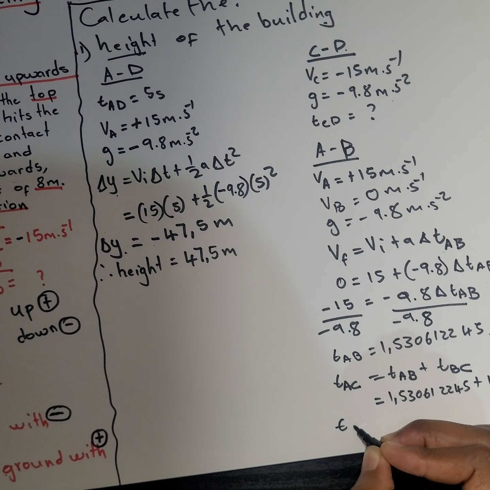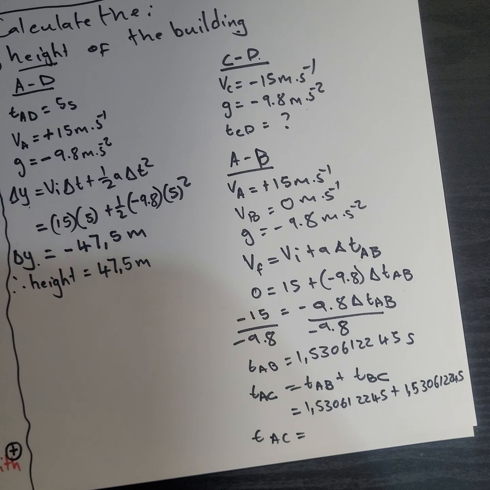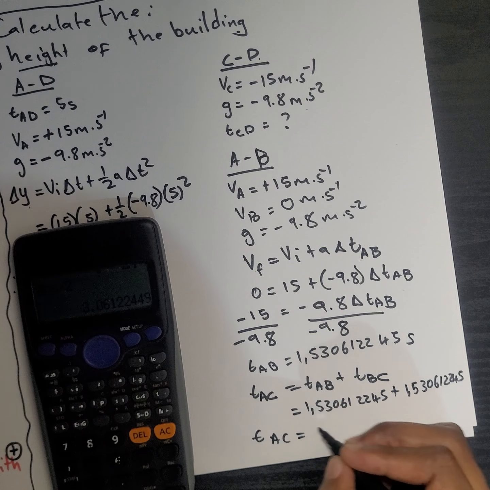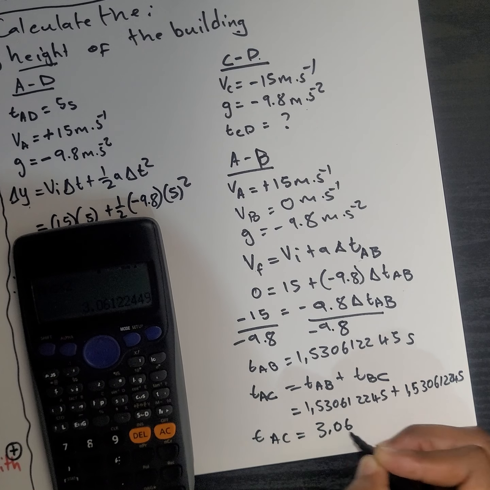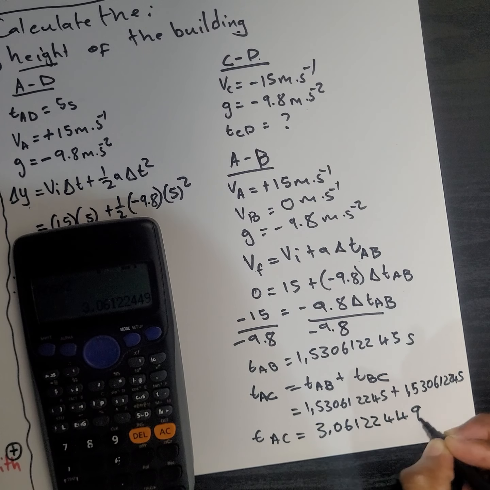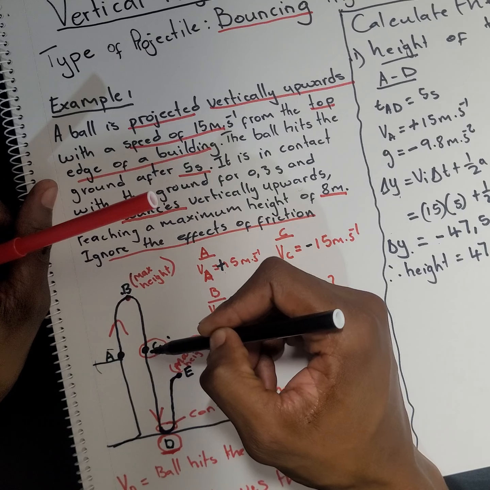And then the time from A to C, we just multiply by 2, will be equal to 3.06122449 seconds. This is the time from A to C.